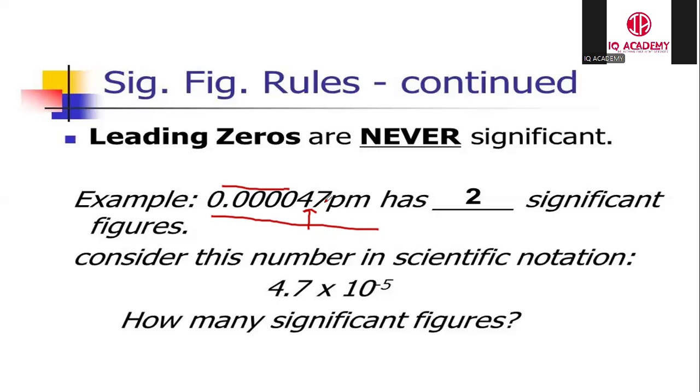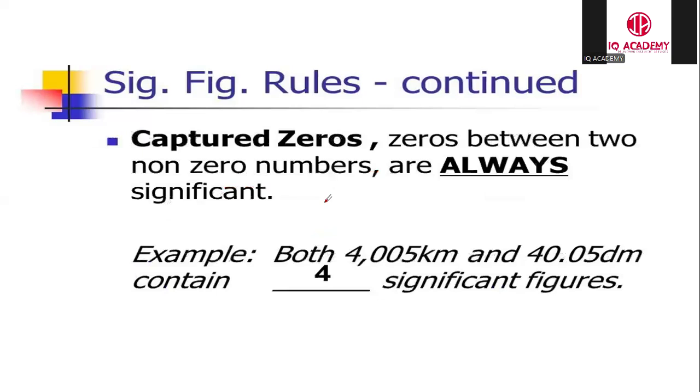And then we can talk about the captive zeros, or the in-between zeros. The rule is that they are always significant. If you have a zero, or zeros, between 2 non-zero numbers, then those zeros in between will be significant.